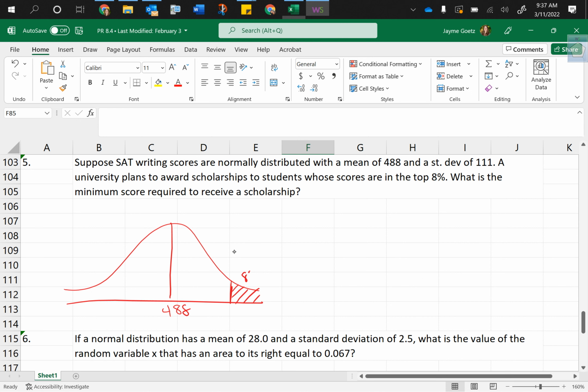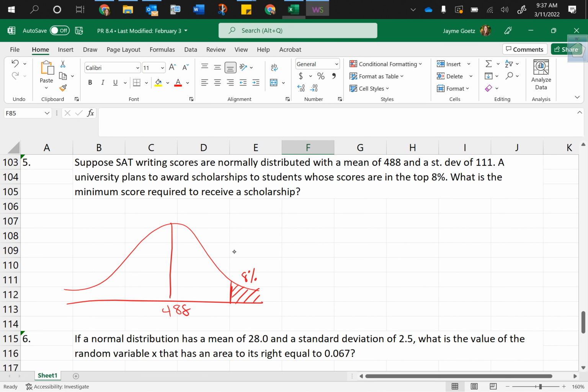What is the minimum score required to receive a scholarship? Now this is a little weird because they gave me a percentage. So when they give you a percentage, you have to be smart enough to understand what that is as an area. So what's the area over here if the percentage is 8%?